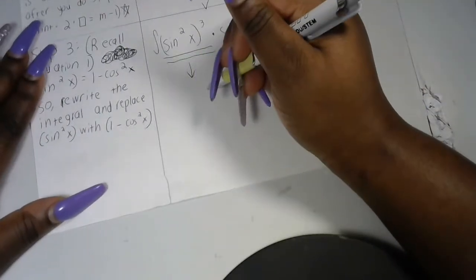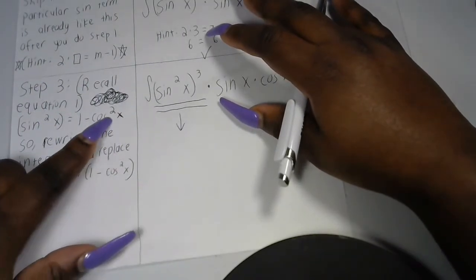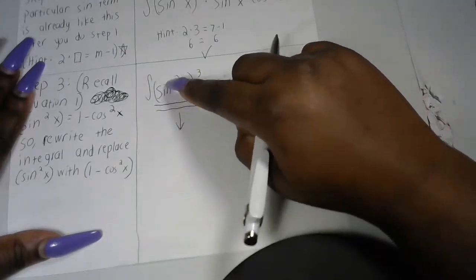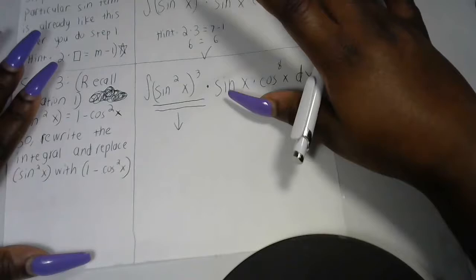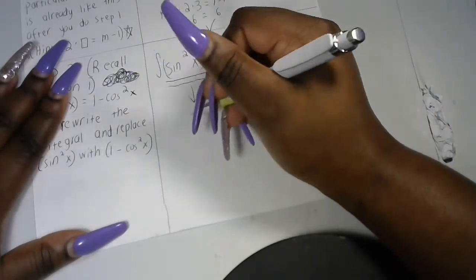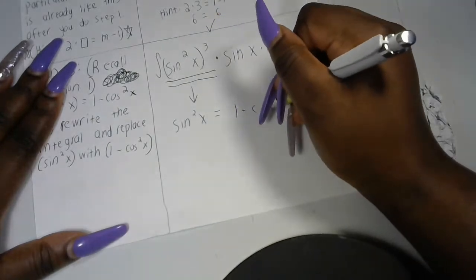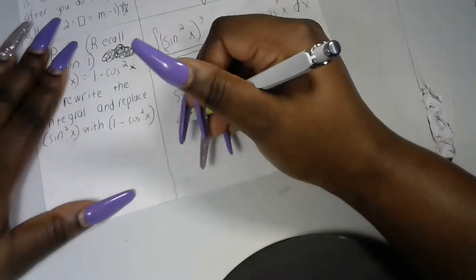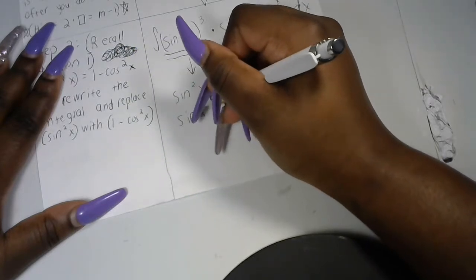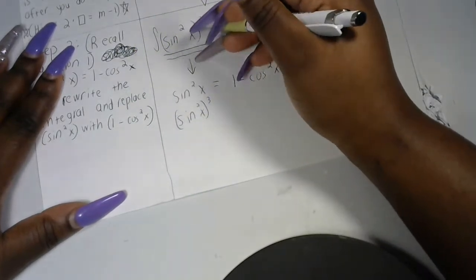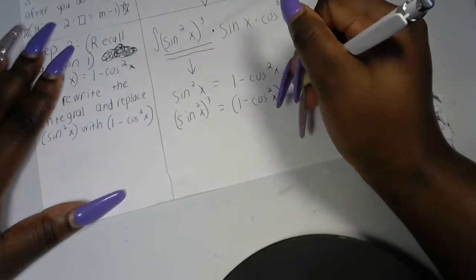Since sine x squared is equal to 1 minus cosine x squared, we replace this with 1 minus cosine x squared, and sine x squared to the third power is also equal to 1 minus cosine x squared to the third power.